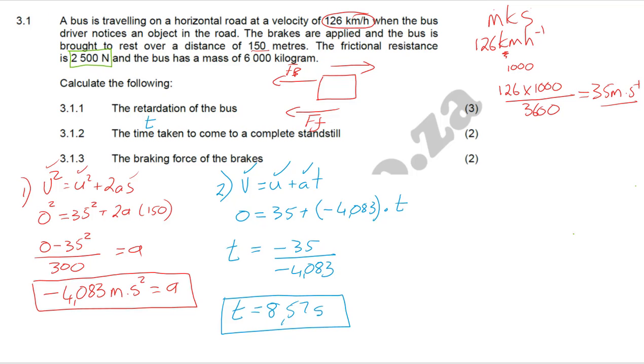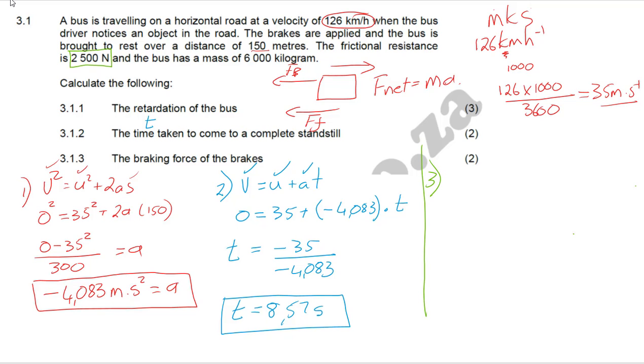Okay, so now if we've got an object in motion and it is being accelerated or decelerated, it doesn't matter, there's an acceleration happening. The formula that comes to mind is Newton's second law. F net is equal to mass times acceleration. So let's have a look. Number 3.